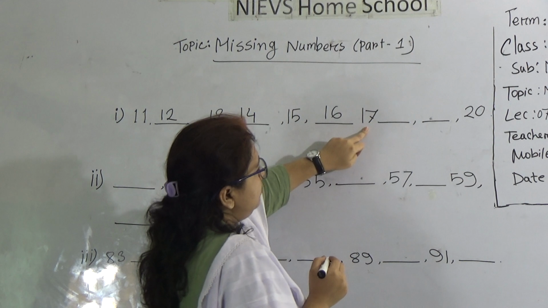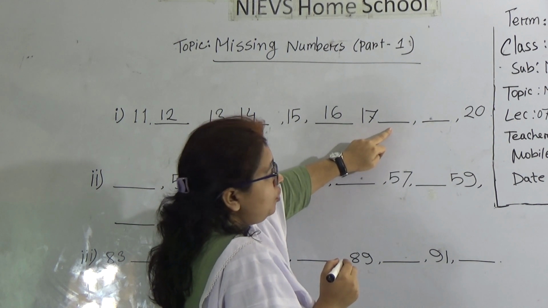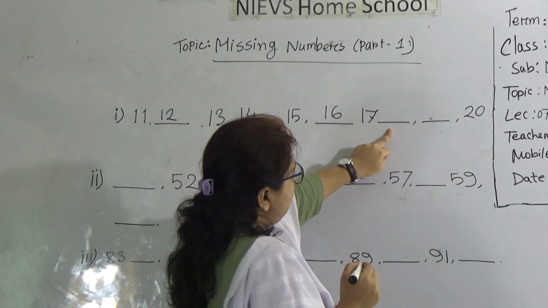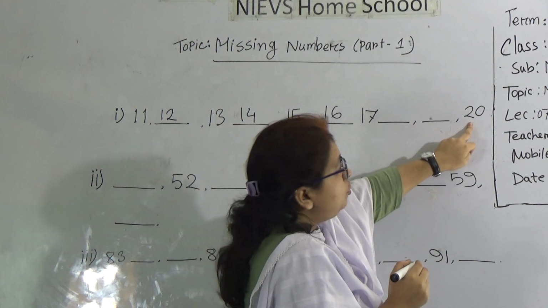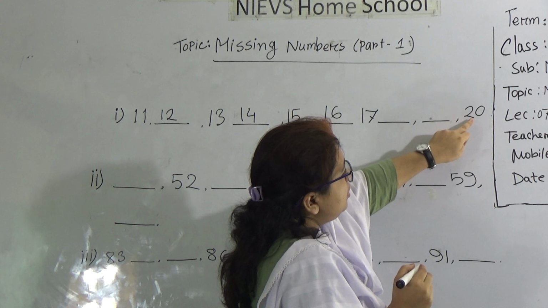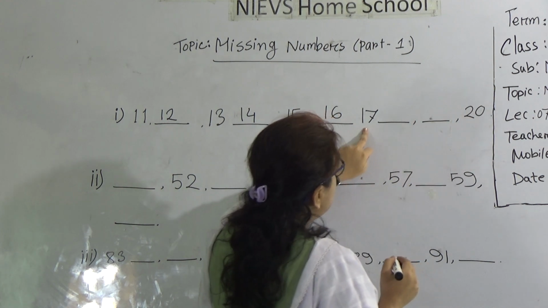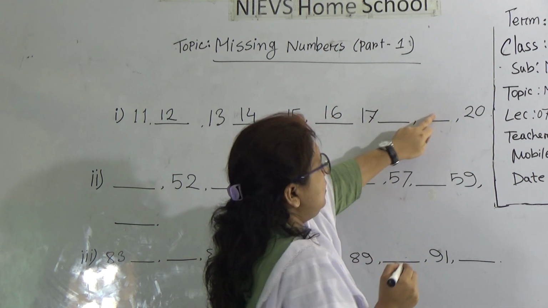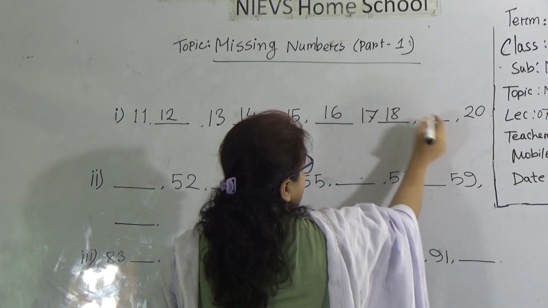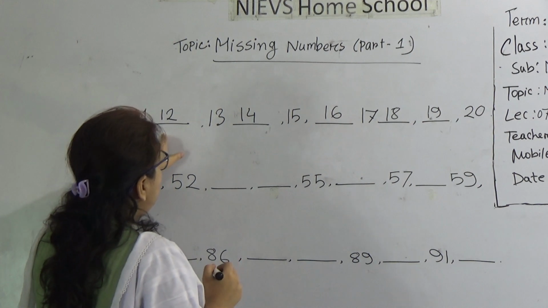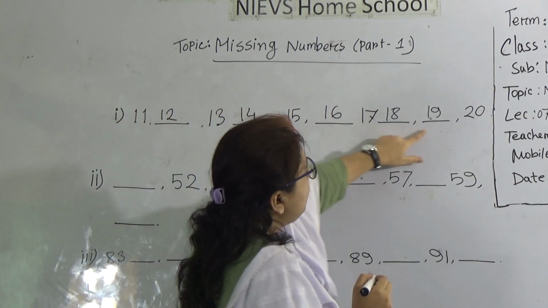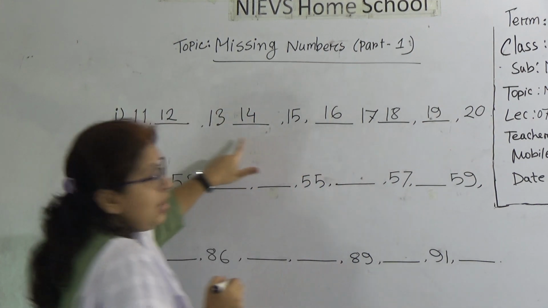Here is 17, and there is no number here, this is a blank space, and the last one is 20. So dear learners, just focus: 20, 17, then 18 and 19. So you have to write here 18 and 19. So 12, 14, 16, 18, 19, those numbers are our missing numbers.